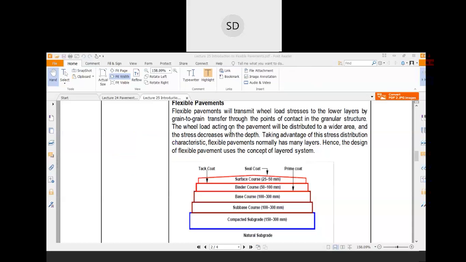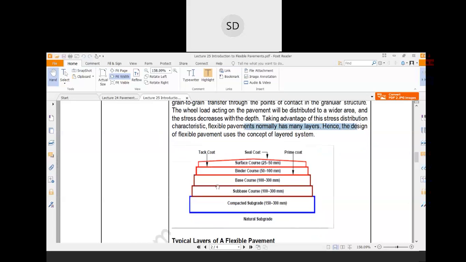The wheel load acting on the pavement will be distributed over a wider area and the stress decreases with depth. As the depth increases, the stress also decreases. Now, taking advantage of this stress distribution characteristic, flexible pavements normally have many layers, hence the design of flexible pavement uses the concept of a layered system.